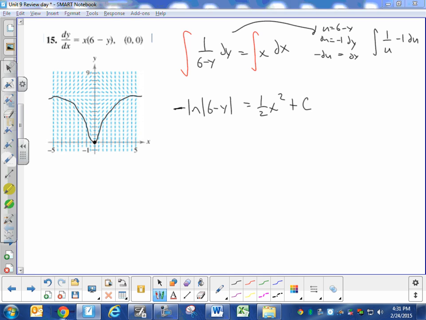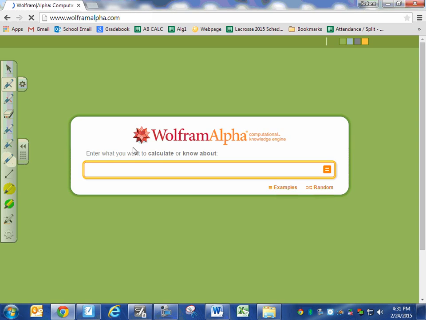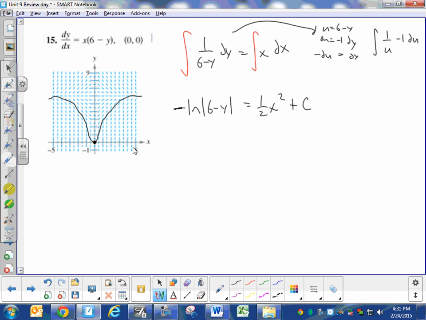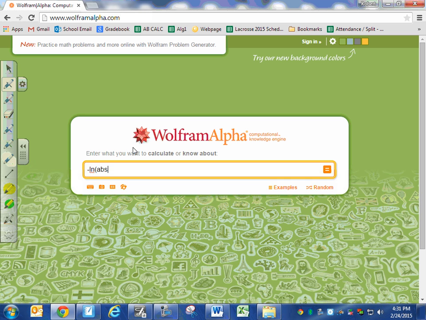I'm actually going to graph this in Wolfram, see if it looks just like the picture that I came up with. So negative log absolute 6 minus y equals 1/2 x squared plus a constant c. I'm just going to leave that out.